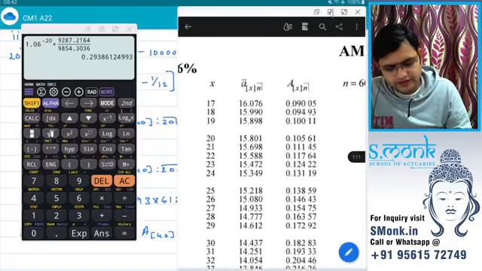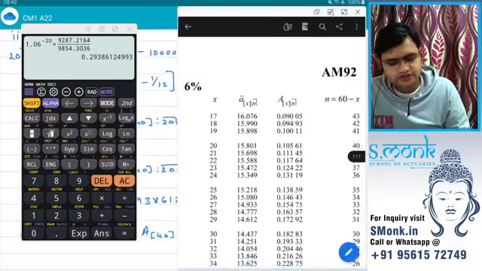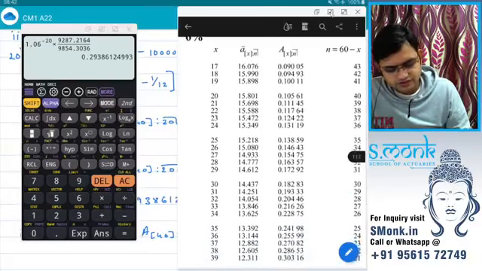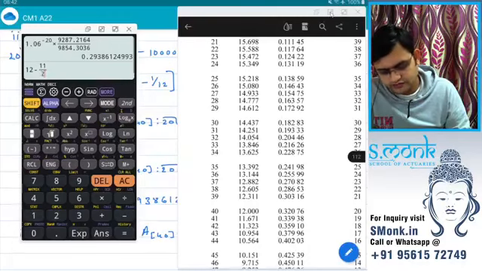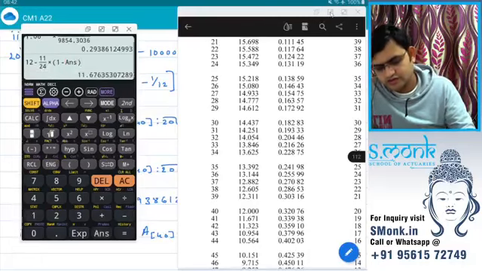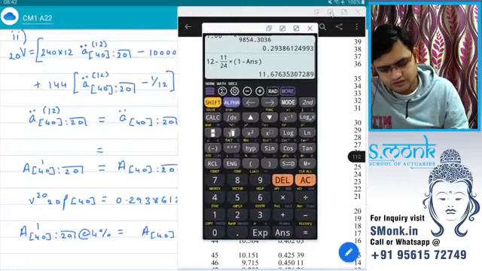We want the select value. In this we want n equals 60 minus x, so we want age 40, 12 minus 11 by 24 into 1 minus, so 11.6765353.